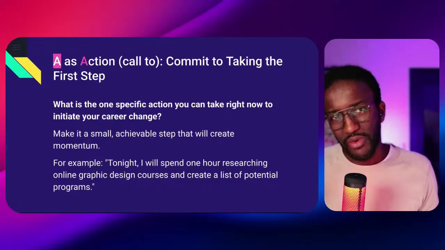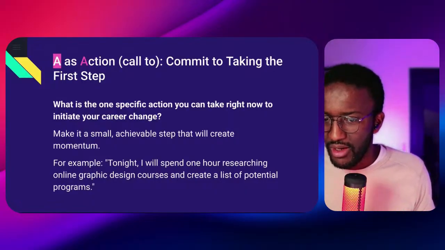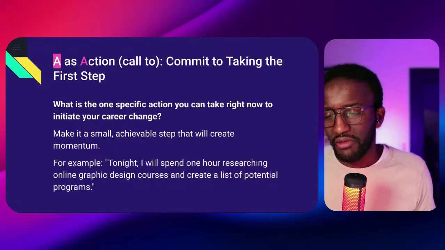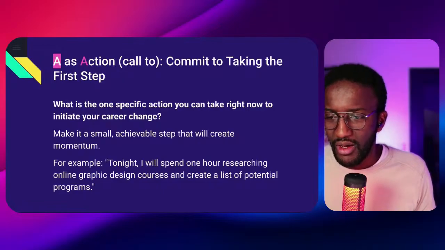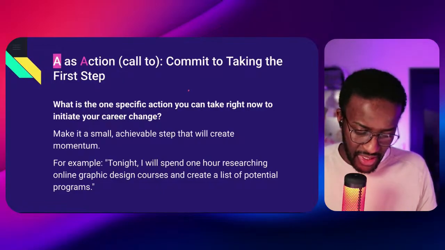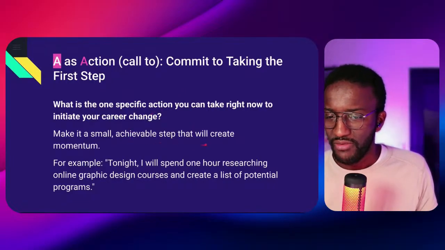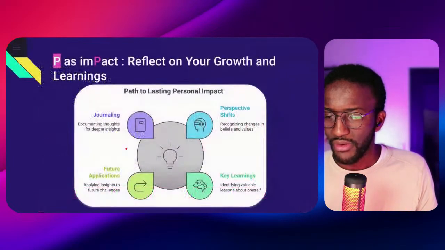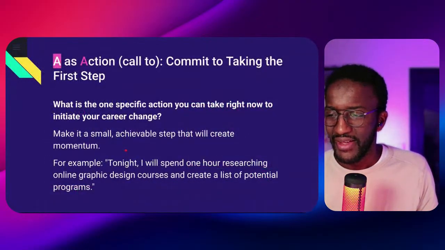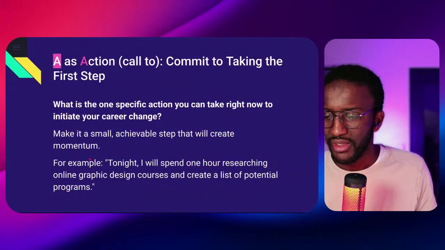So before we go to the last step, let's say talking about my creative journey, for example. What step can I take? Make it small, achievable, that will create momentum. So this is something that is important.